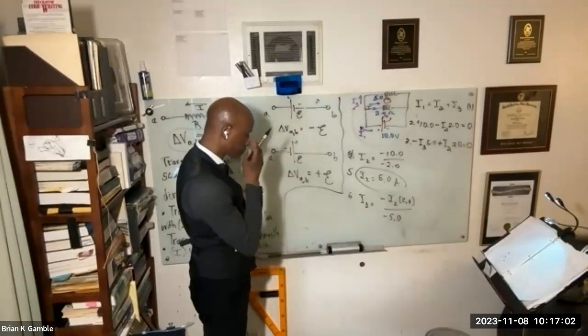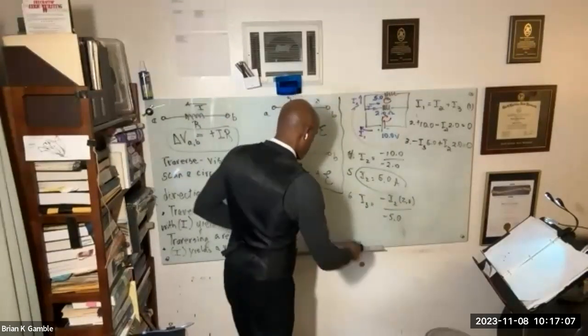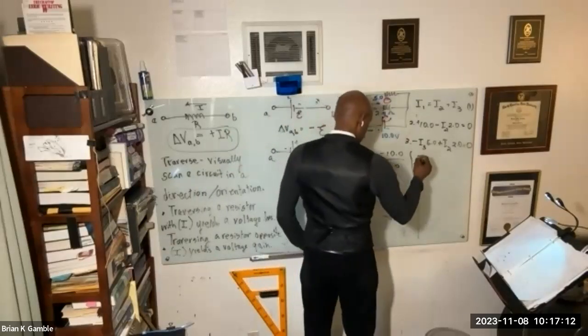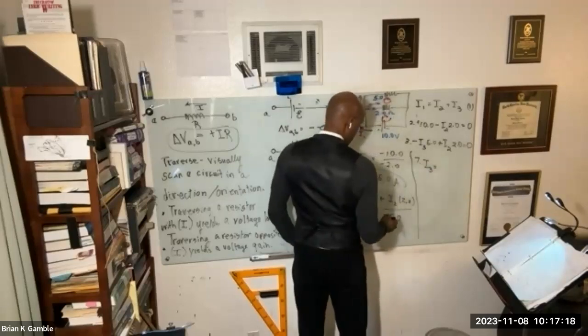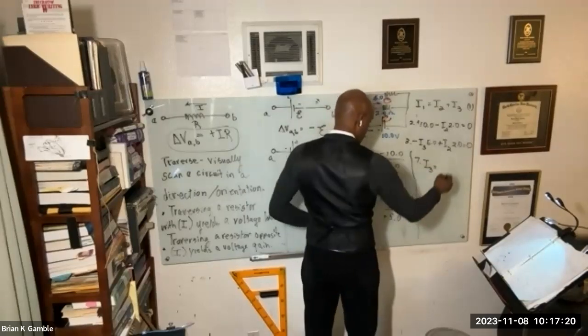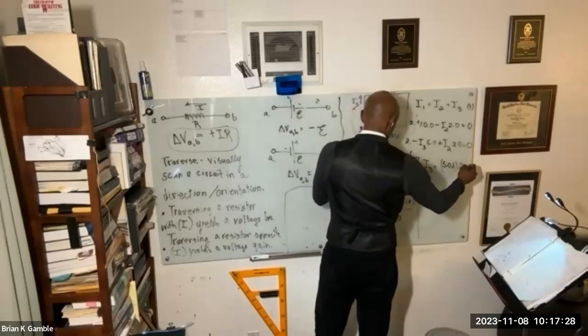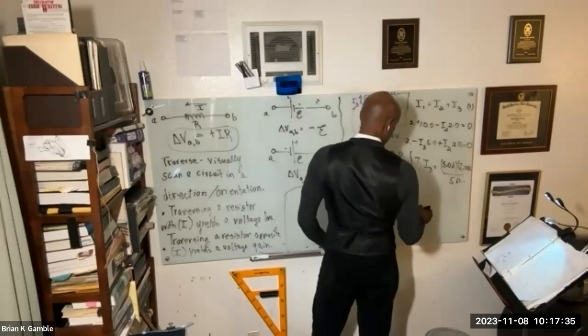So if I take 2 ohms and plug it in here, that's going to give me that I3 is equal to, so it's going to be positive, 5 amps times 2 ohms divided by 5 ohms. So that's going to be 2 amps.